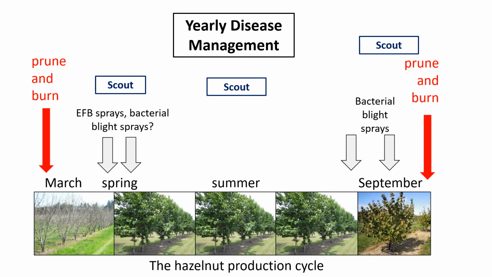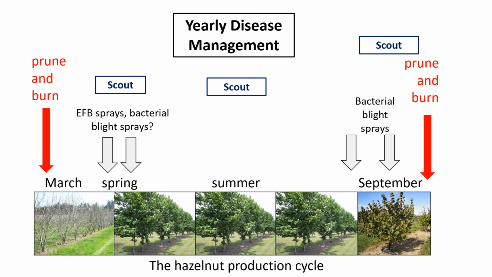So these recommendations are generally based on the knowledge that we have coming out of the Pacific Northwest and Oregon, where a lot of the research has been done. And there, the focus for bacterial blight sprays is in late fall and Eastern Filbert blight sprays in early spring. However, we in Ontario have a longer dormant period, a colder winter, which may affect the movement of both of those diseases.